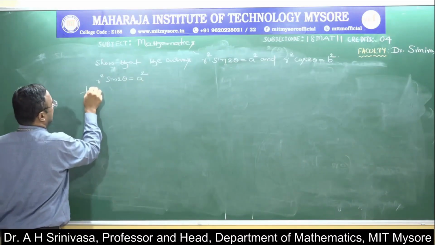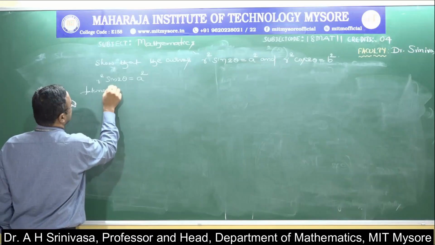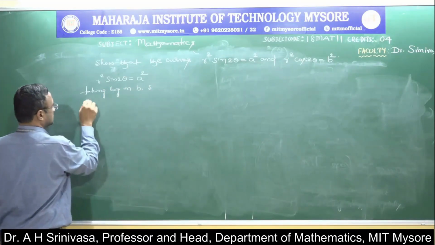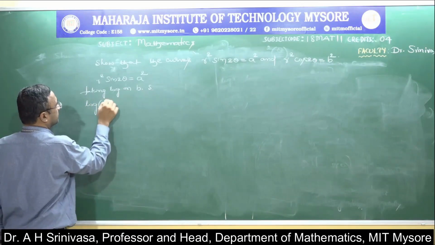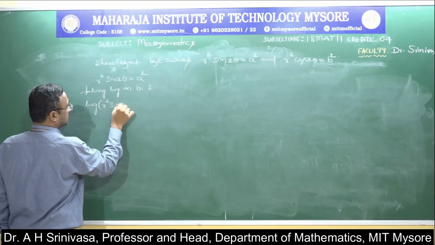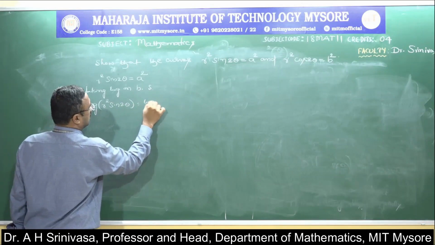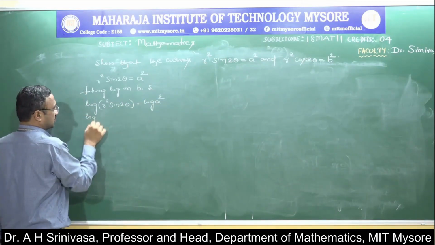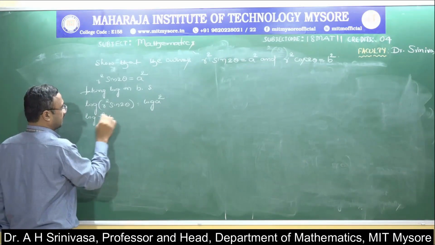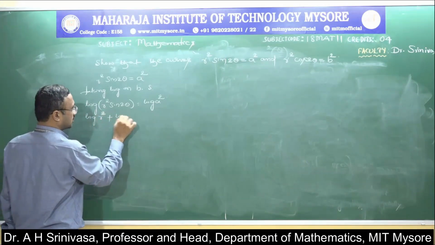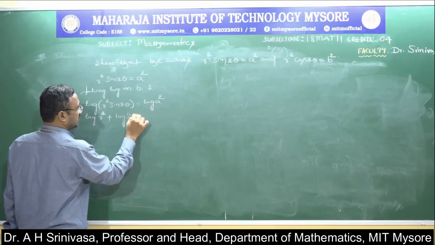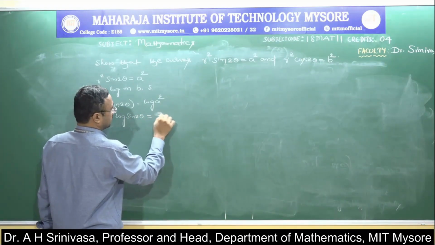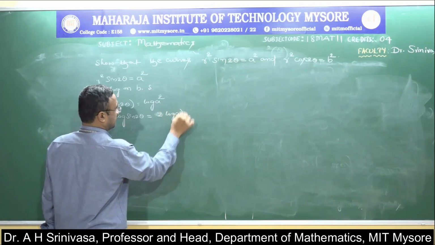Now taking log on both sides. This becomes log of r square sin 2 theta equals log of a square. Now use the properties of logarithm. This becomes log r square plus logarithm of sin 2 theta, then this is also 2 times log a.